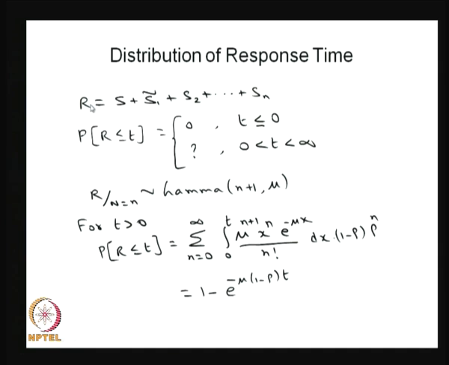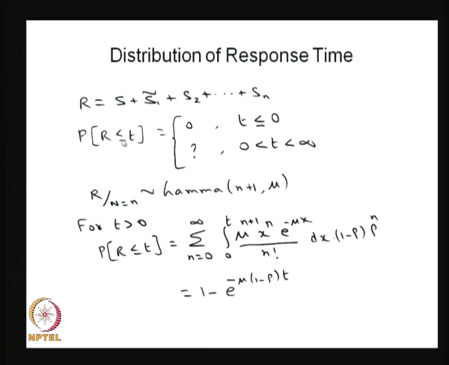Therefore, this is not a mixed random variable, this is a continuous random variable, because your service time is a continuous random variable which is exponentially distributed. Therefore, R is the sum of your own service plus the remaining service of the first person in the system, and so on till the nth customer in the queue.